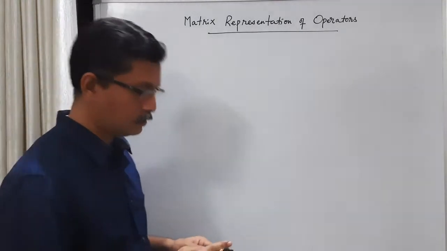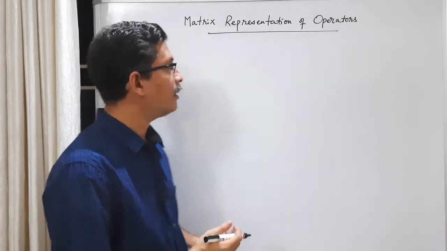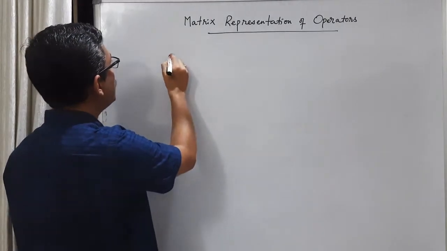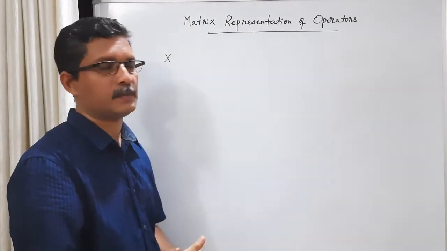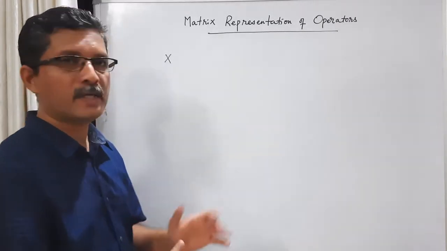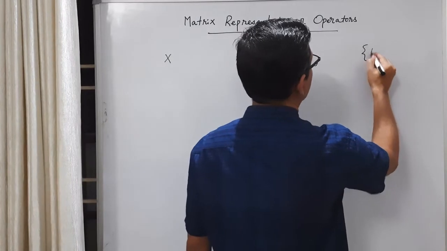Let's assume that we have an n-dimensional vector space for a system, and operator x is acting on this n-dimensional vector space, and this vector space has a basis. Let us say ket A prime.